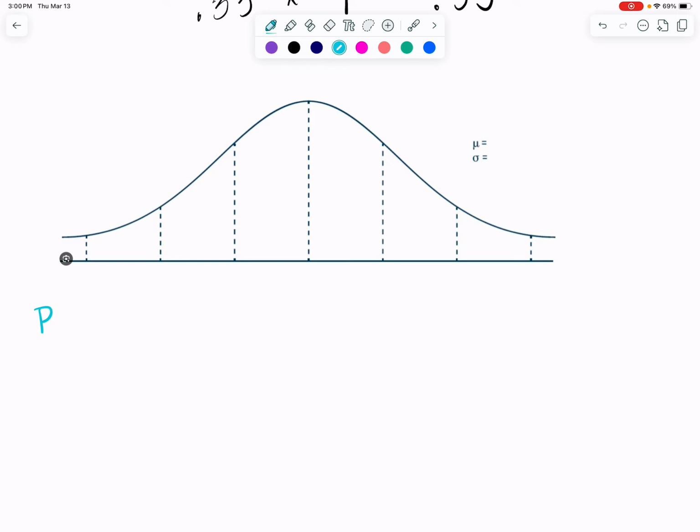So we want to find P60. And this is a standard normal. So that tells us some things.